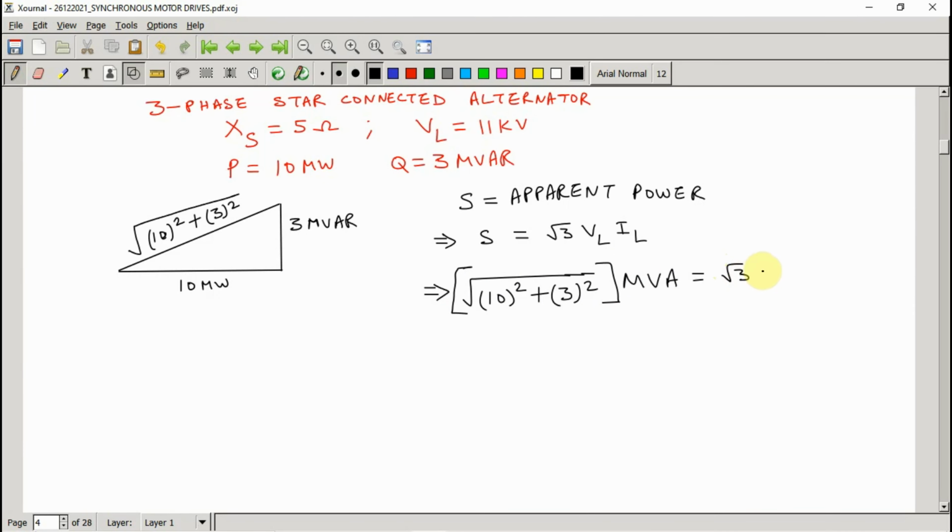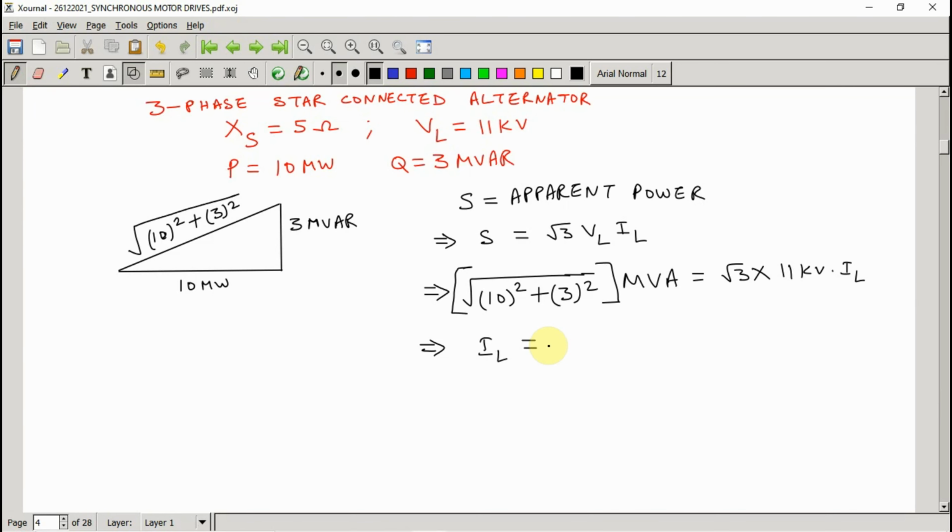And this is root 3 into VL, where VL is 11 kilovolt, multiplied by IL. So from here you will get line current in terms of kiloampere, isn't it?